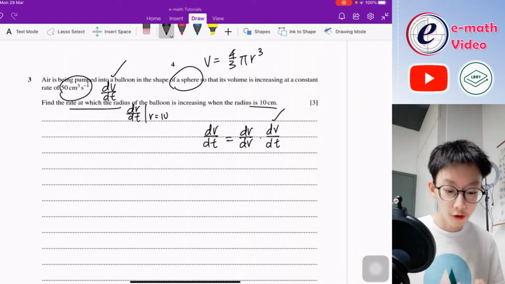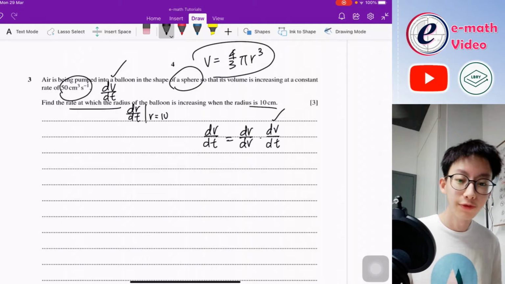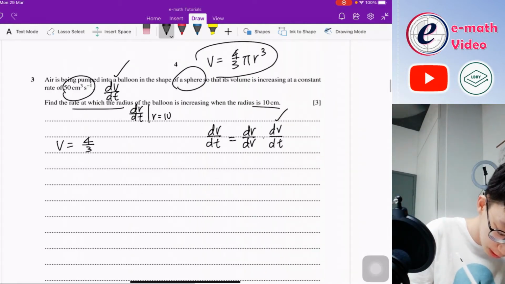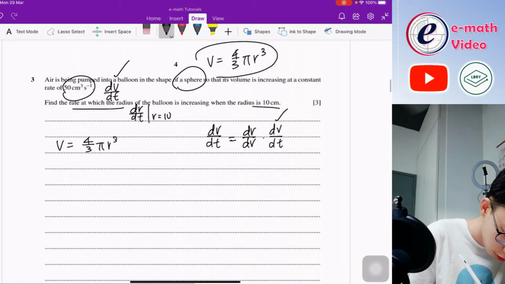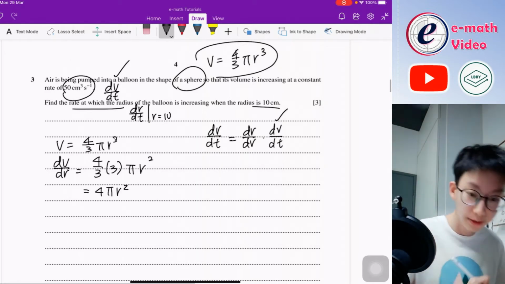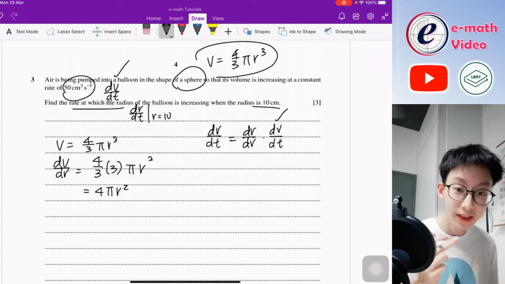We can get it from this formula here. Volume equals 4 over 3 pi r cubed. So dV/dr equals 4 over 3 times 3 pi r squared, which is 4 pi r squared. But this is dV/dr.